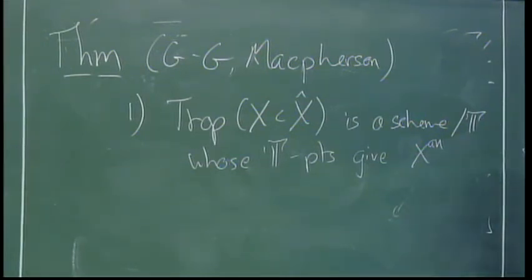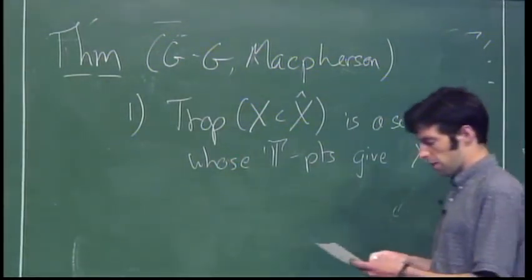In fact, if you look at Andrew's thesis, you can see how to get the Berkovich analytification's topology from this sort of stuff. So you can also recover the Berkovich topology. So that's the first part.